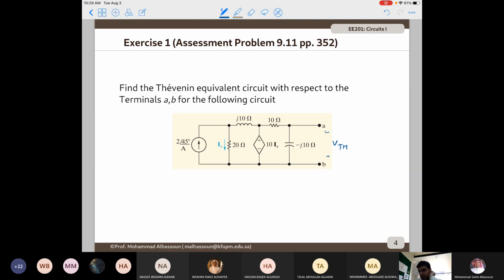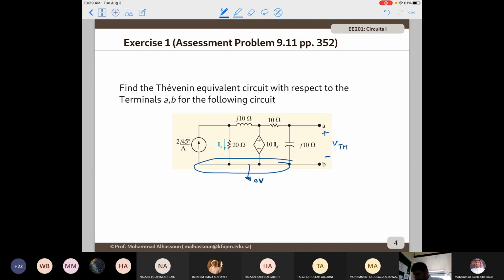What we can do here is apply the node voltage method, even though we did not cover it yet when it comes to solving problems.